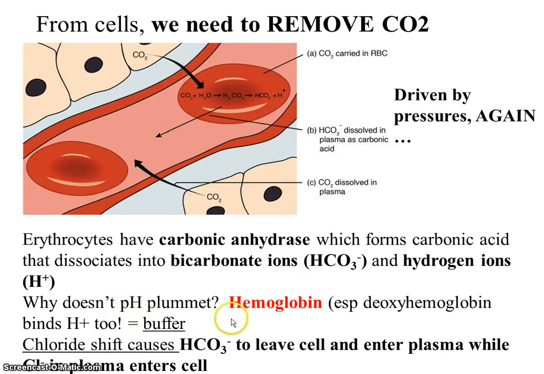Again, what I said, the pH doesn't change because hemoglobin binds this hydrogen ion too and buffers the pH. There's a chloride shift that occurs, so this bicarbonate actually leaves, and I think that's the arrow here, and is now present out in the plasma to help buffer other kinds of acids, and chloride enters, so bicarbonate out, chloride in. And we're going to move back to the lungs.